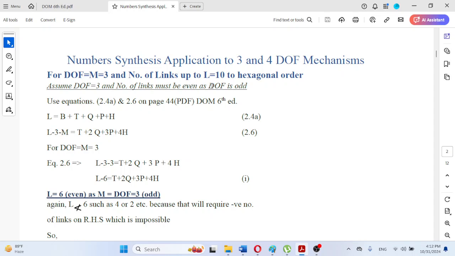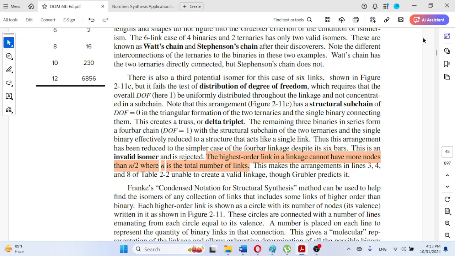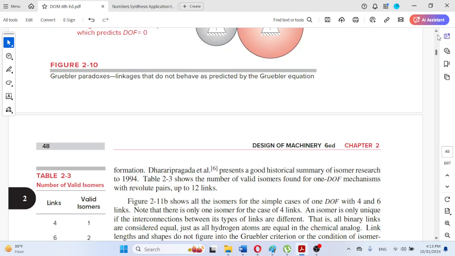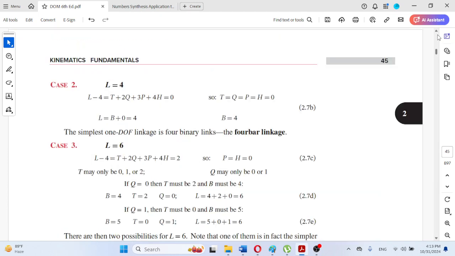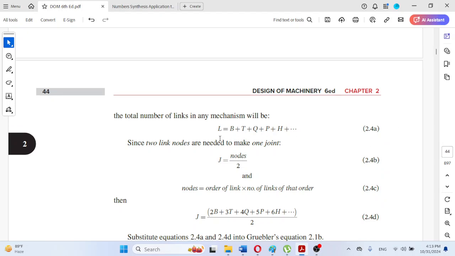Again I have referenced here equation 2.4a from the textbook Design of Machinery, on page number 44 of the 6th edition by R.L.